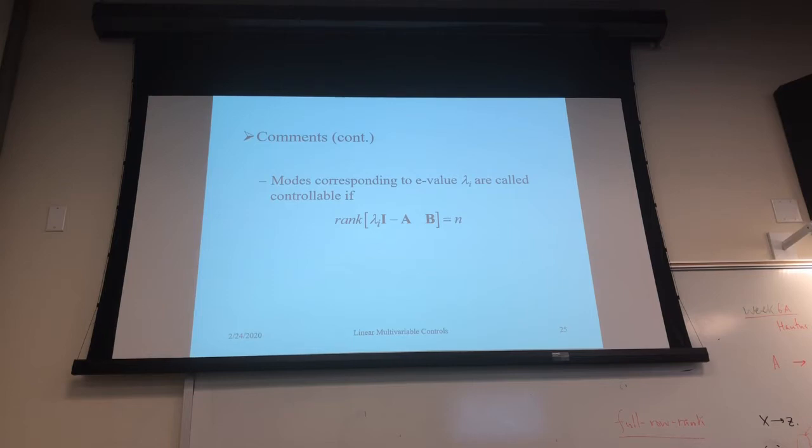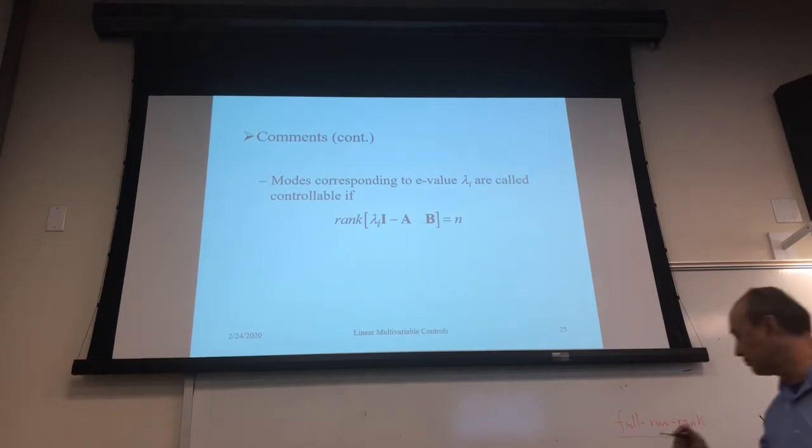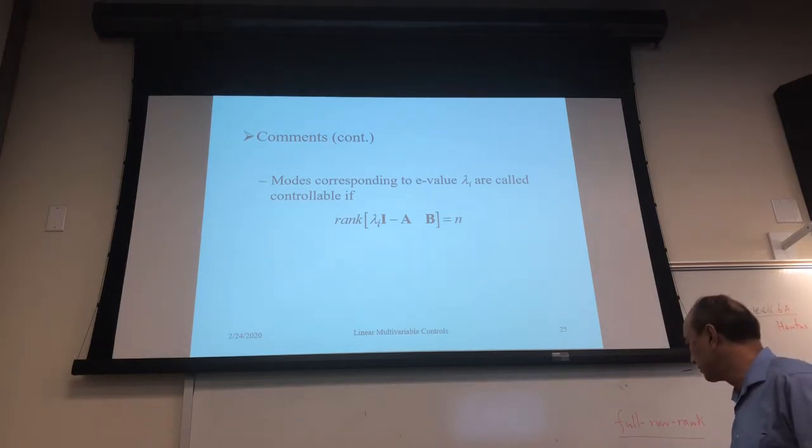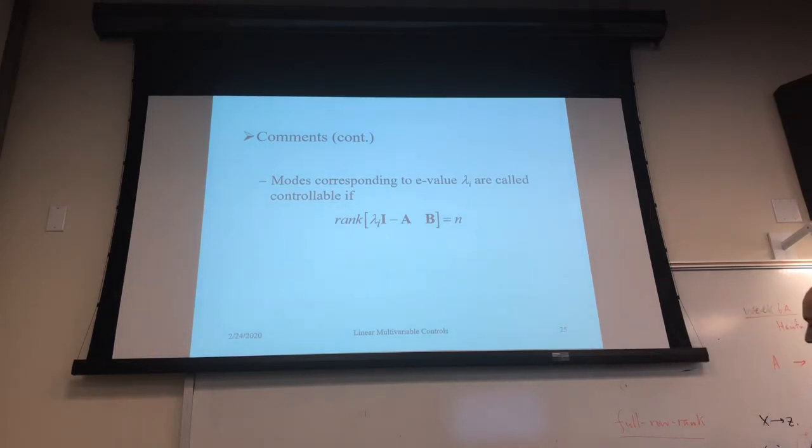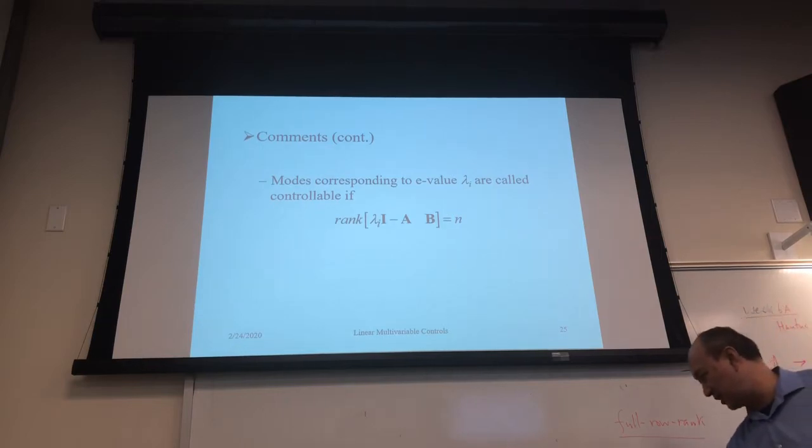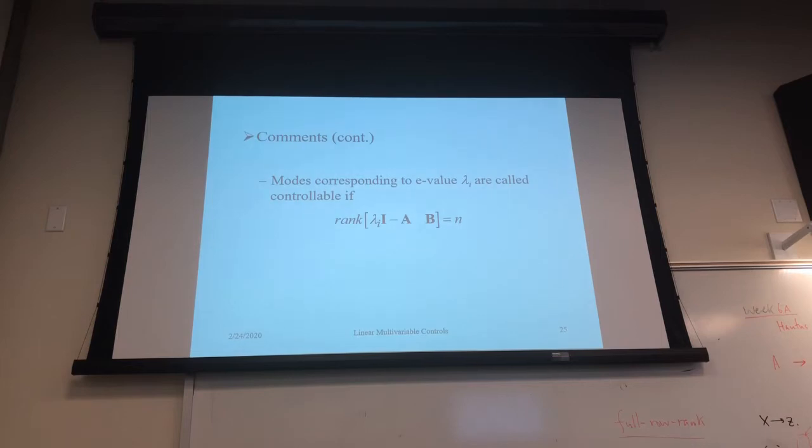It's called mode of controllability. I want to check whether this lambda i is a controllable mode or not.